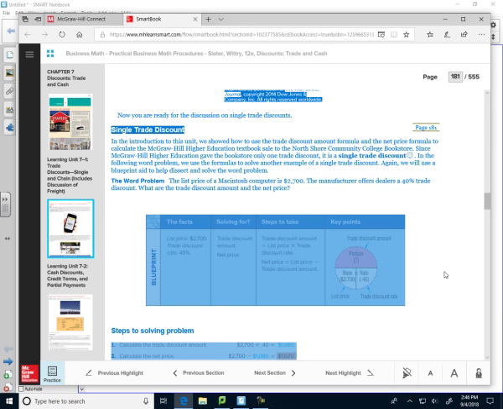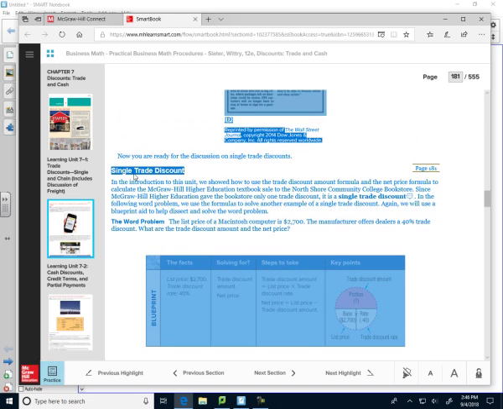So single trade discount, what you need to do here is remember we're going to take the discount, which is given as a percentage, and turn it into a decimal, subtract it from 1, and multiply that number by the original invoice. That's how much you pay.